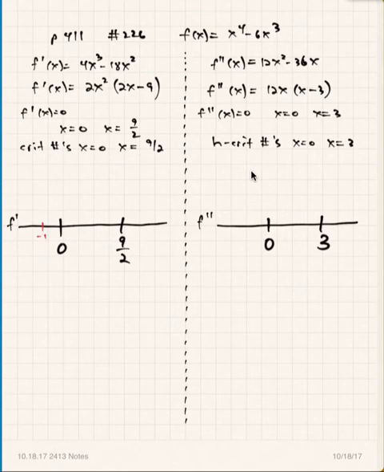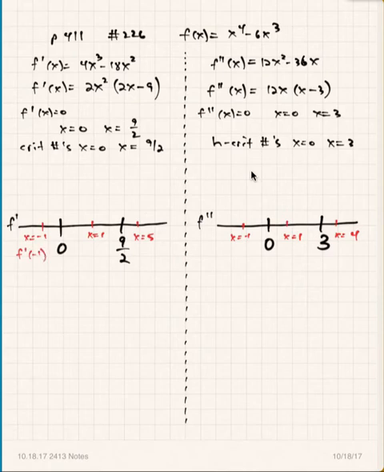So -1 would be a good test value, and x equals 1 would be a good test value right there. And 9/2 is 4.5, so x equals 5 would be fine right there. For the second derivative, test values might be -1 and 1 and 4. Those would all work.